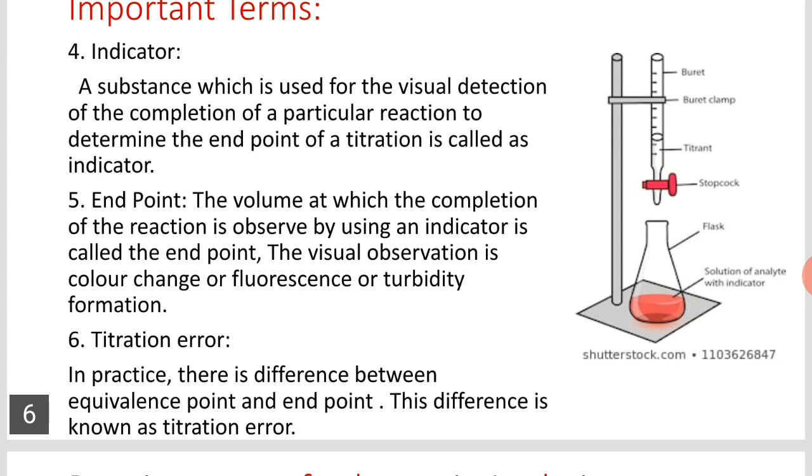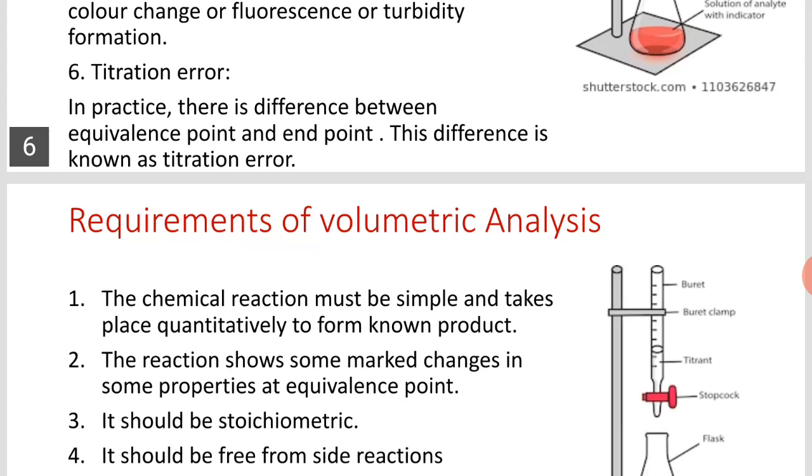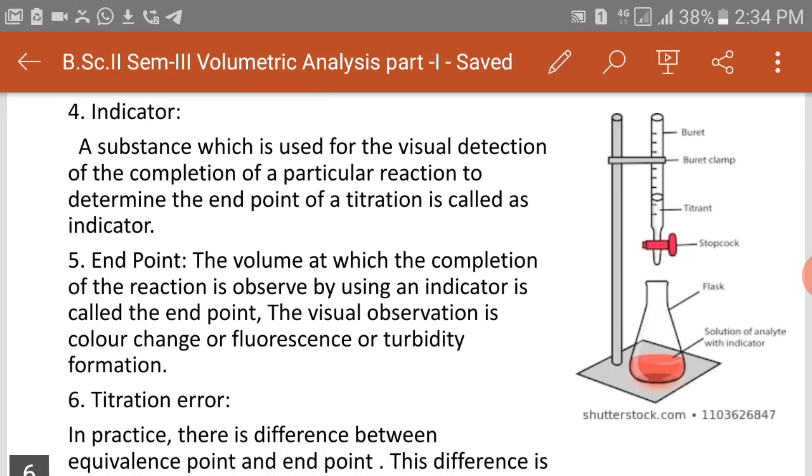So there is a difference between the equivalence point and the end point which we get by the experiment. This difference is called titration error. In practice, there is a difference between equivalence point and end point. The difference is known as titration error.